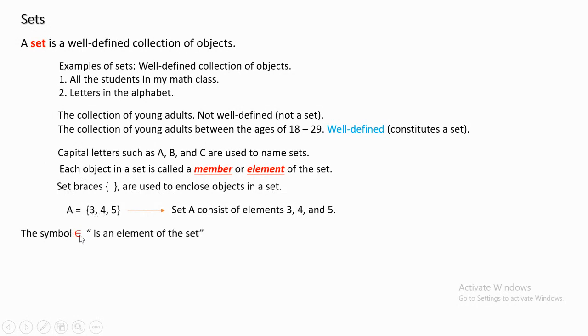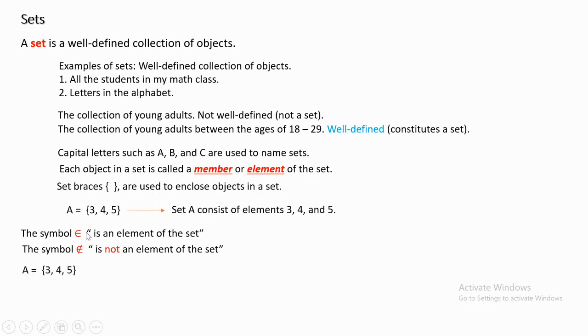The symbol here, like an E, means is an element of the set. And the symbol with a line across it means it's not an element of the set.